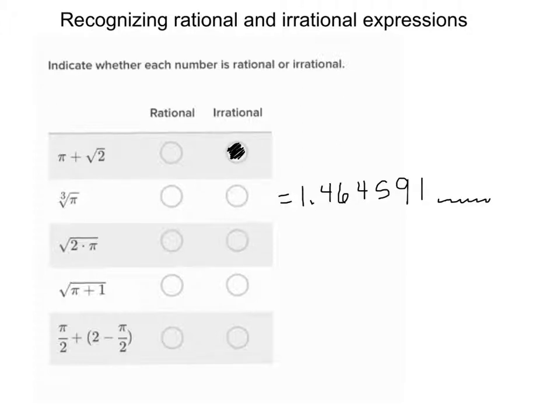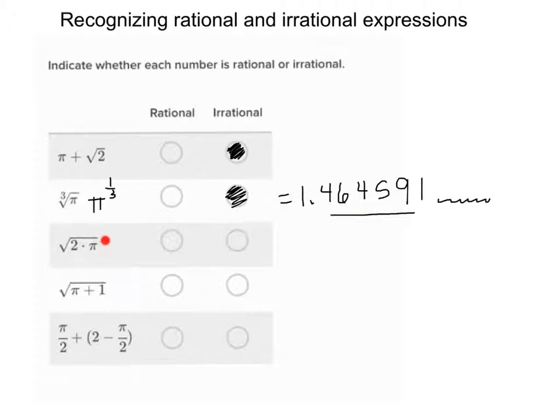Okay, now the cube root of pi is the same thing as pi raised to the 1/3 power. So the question is, could we write this as a fraction? And I just don't see how we could, and this is a decimal that goes on and on without repeating. So I'm going to say that this is irrational. Okay, notice our decimal goes on and there is no pattern here.